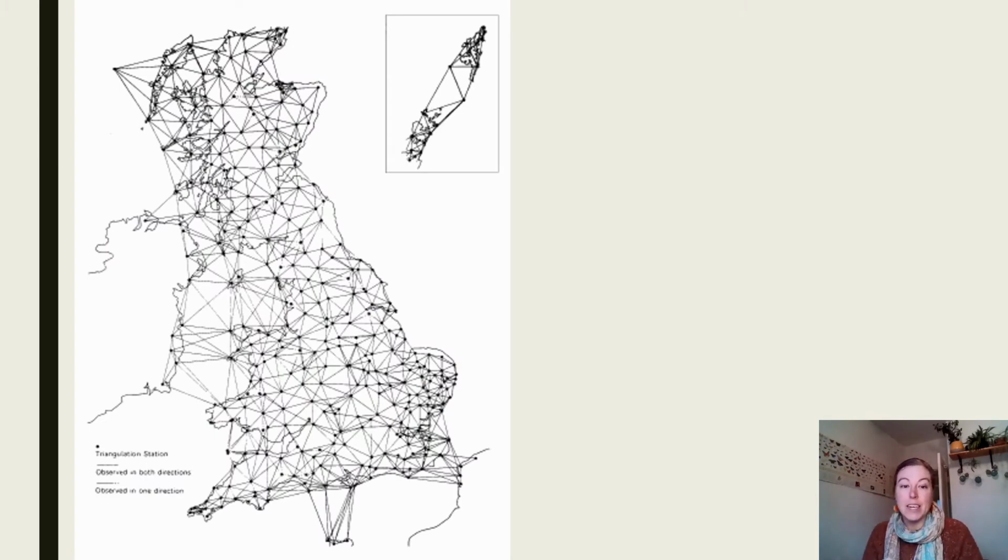Before we had satellites, the scientists in the UK mapped the entire island. And they did this by going to really high points and they actually built cement structures with metal discs on top.